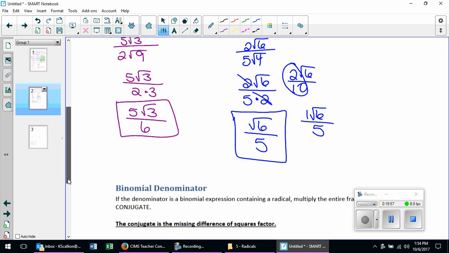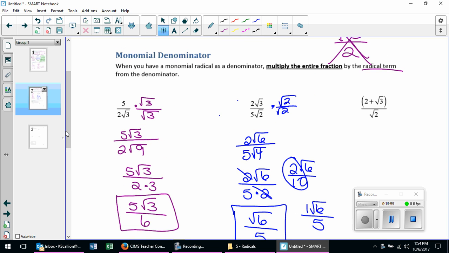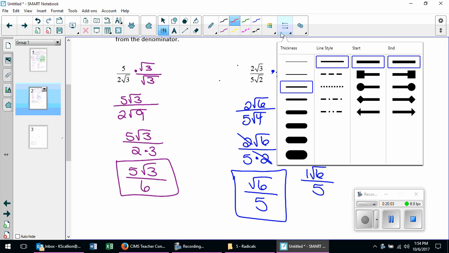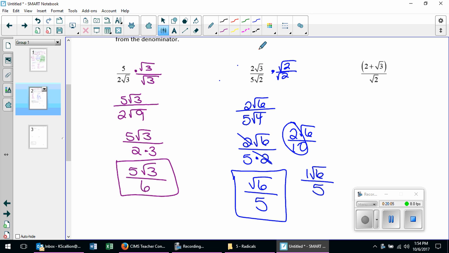Okay. Oops. I got excited. I was moving on. Okay. What root is in the denominator? Root 2. So root 2 over root 2, and I'm multiplying.